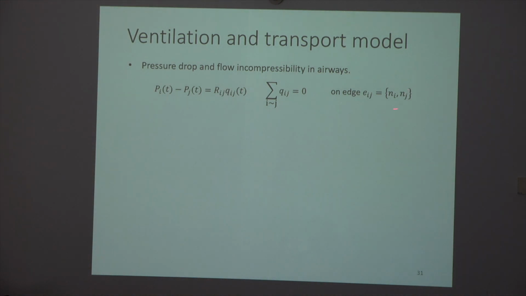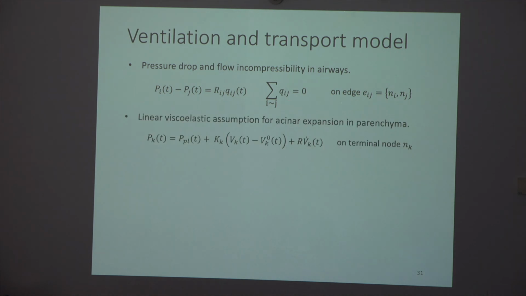So this is in network notation. So the edge ij connects node i and j. There's a linear viscoelastic assumption for the acinar units at the end, so they just expand with some elastance and resistance, and there's a driving pressure term, the pleural pressure, which is assumed the same for all the units.